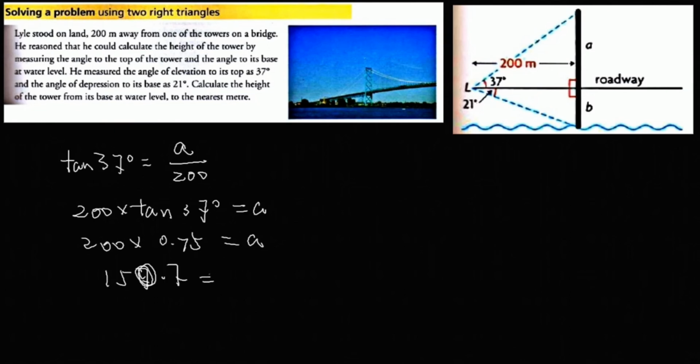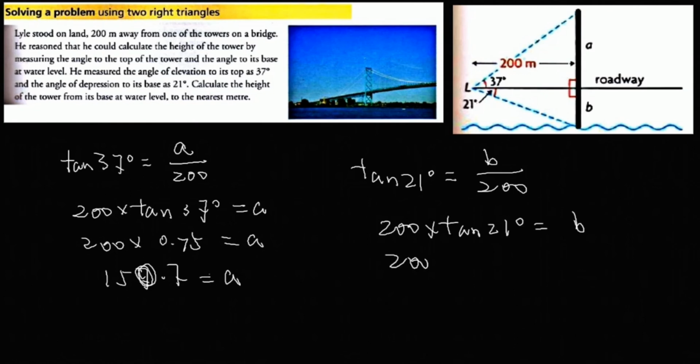150.7 is A, right? So for B, tangent 21 degrees equals B over 200. Both sides multiply by 200, so 200 times tangent 21 degrees equals B. Tangent 21 degrees equals 0.38, so B equals 76.8.